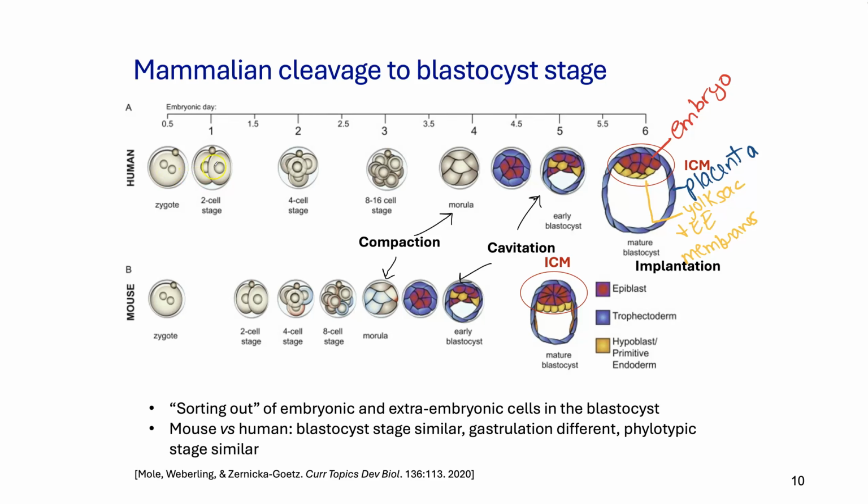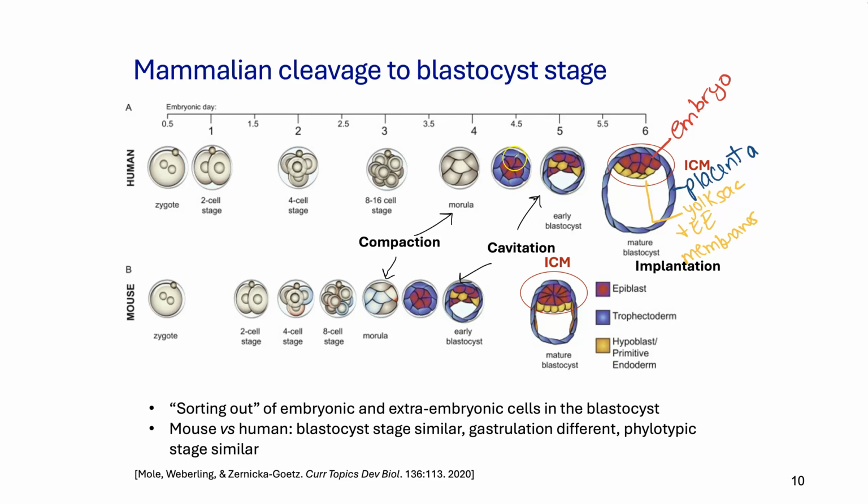You have a fertilized embryo. The first cell division occurs earlier than in the mouse, but then the mouse goes much faster after that. The 4-cell stage, the 8 to 16 cell stage forming the morula, you still have compaction. It's a little later, of course, in the human versus the mouse. Cavitation.